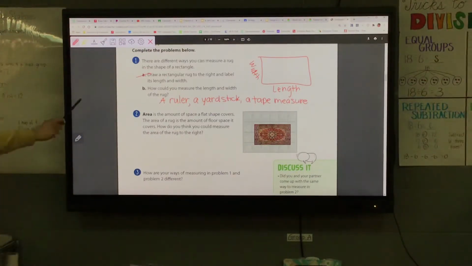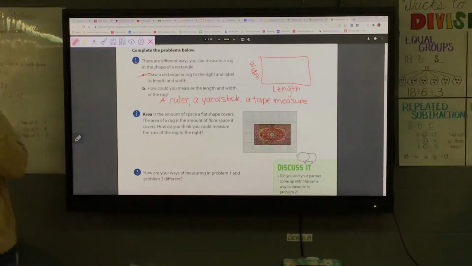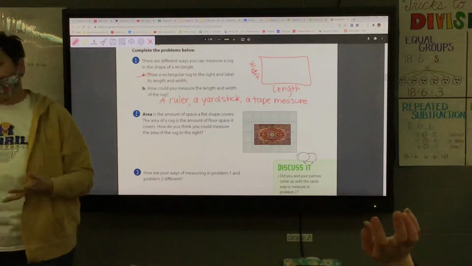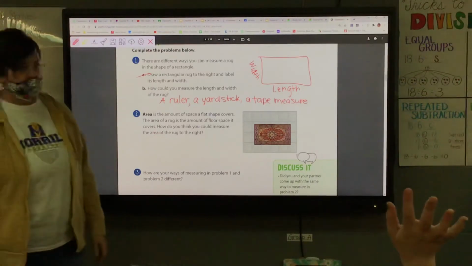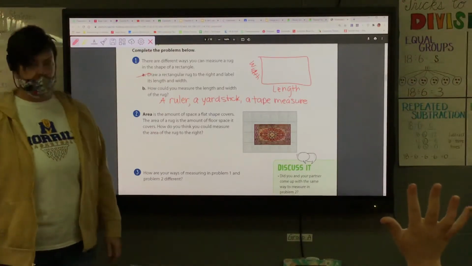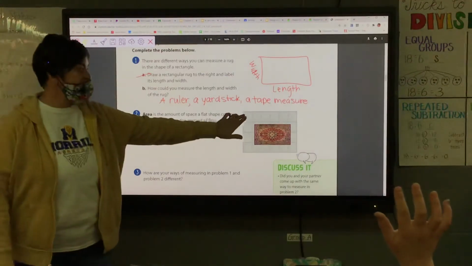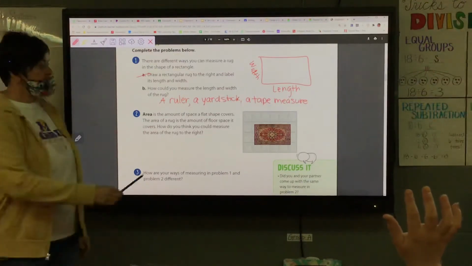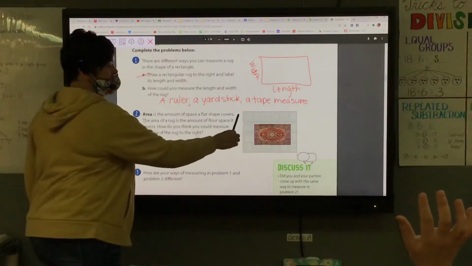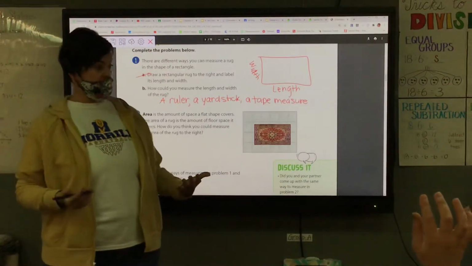How could we measure the area of that rug if it's just in a picture like that one? What would we do? Jenny? We could, but if you look at the floor that that rug is on, what is each one of these? A square. It's like using tiles, right?